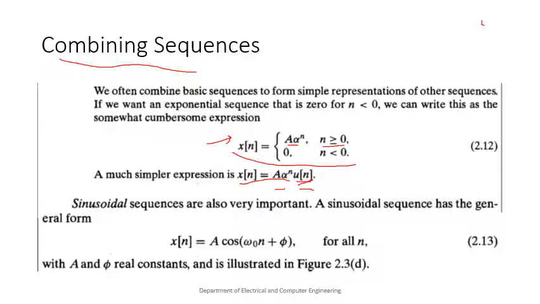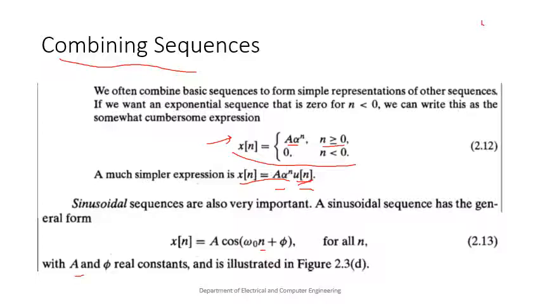So we can obtain a sinusoidal signal from this basic expression. This is our exponential sinusoidal sequence. So x of n is equal to a cos of theta, where theta is omega naught n plus some phase phi, and we can have any value of n here, for all n, from minus infinity to infinity.